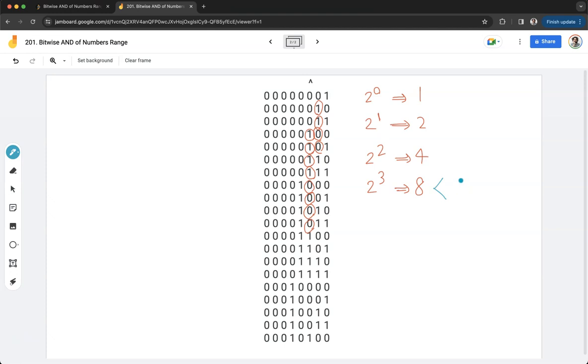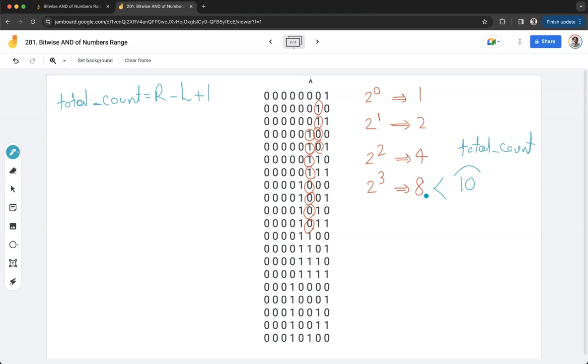So for example, if you have 10 numbers, so I'm going to call it total count. And that would be right minus left plus 1, right? This is the total count. So if the total count is greater than 8, what does that mean?